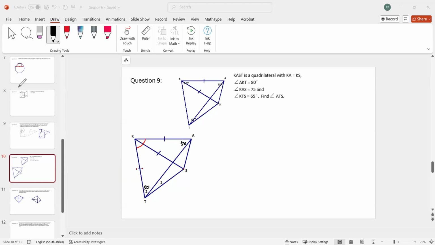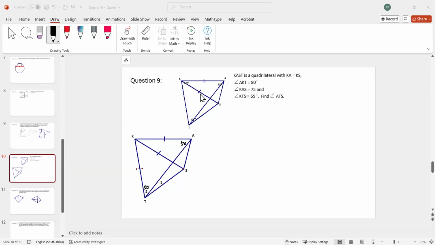Sorry, we were not given this. I beg your pardon, just hold on, please. Hold on. It's only given that KA equals KS and AKT is 80 degrees. KAS is 75. So sorry about this.